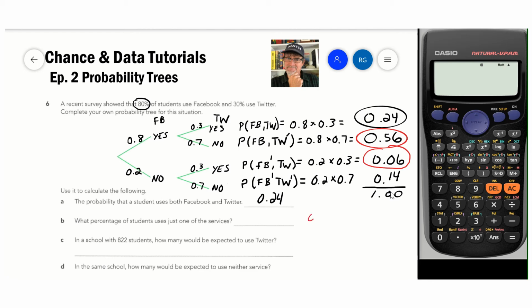We'd have to add up 0.56 and 0.06, and that would give us 0.62. Now be careful here in the wording. They don't want the probability, they want the percentage. So make sure you write down your number as a percentage and not as a decimal probability. So our answer here is 62%.